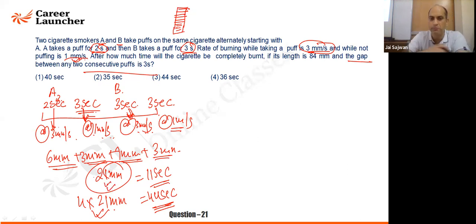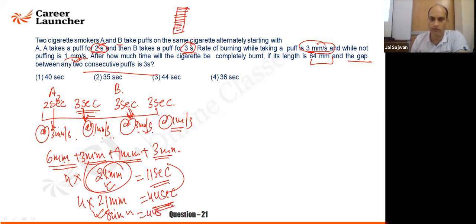Total 21 millimeters is burned in 11 seconds. The cigarette is of 84 millimeters, so I multiply both sides by 4. If you are multiplying this by 4, don't forget to multiply it on the right hand side also. So the answer is 44 seconds, the time taken to burn it completely.